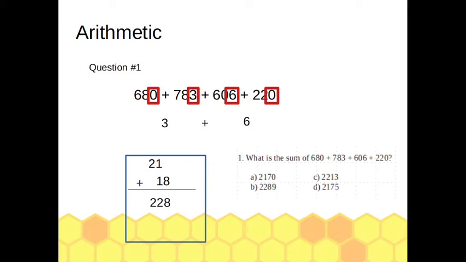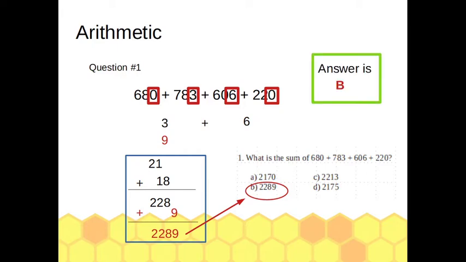Add 3 and 6, we get 9. And the tricky part, which we line up to the ones place. We now have the final answer, and it is 2,289, which is letter B. And that would be our final answer.